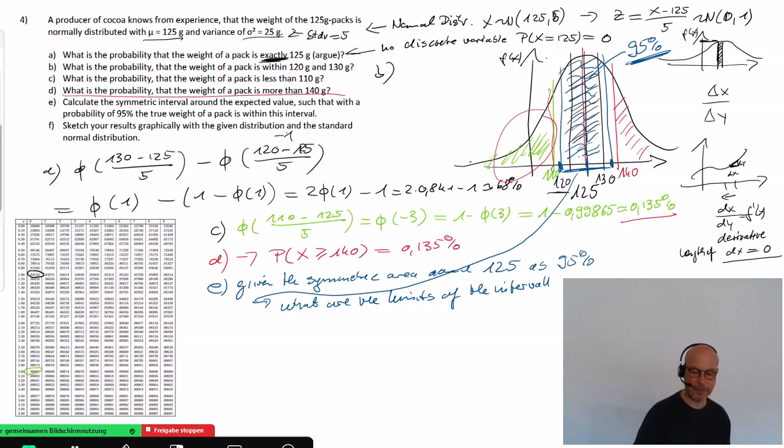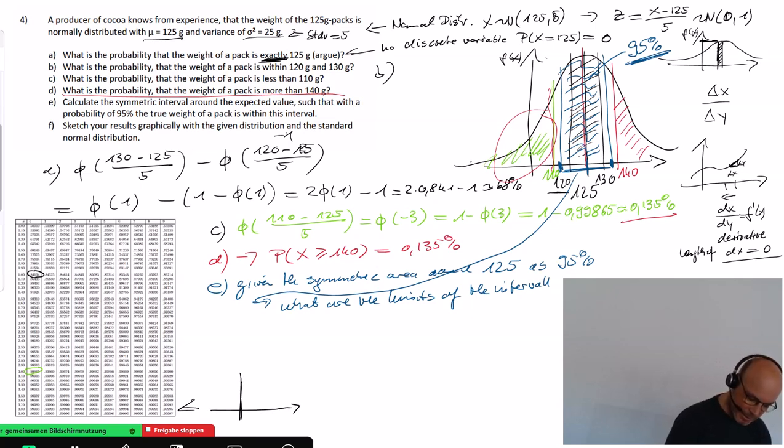Well, here we have this special distribution around some special expected value. But what we already have is the standard normal distribution.